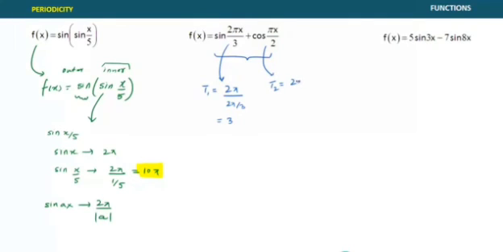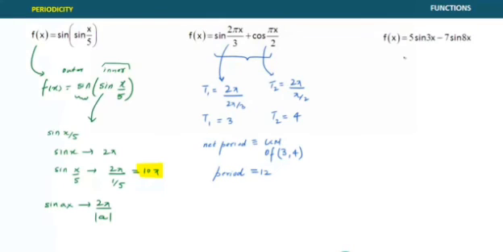This becomes 2 pi by pi over 2, so the value finally will be 4. So T1 has period 3 and the next function has the period 4. So what is the net period? The net period will be the LCM of 3 and 4. What is the LCM of 3 and 4? 12. So the answer to this problem is that the period is 12.